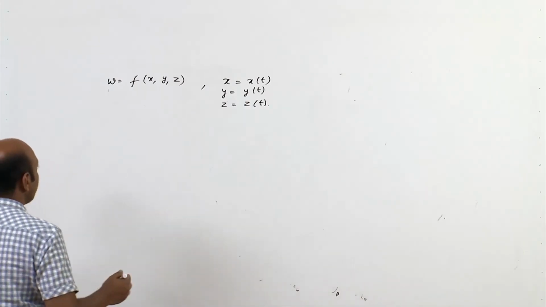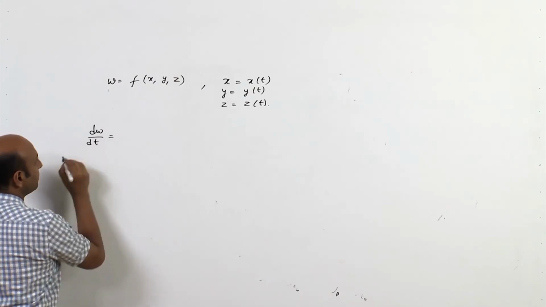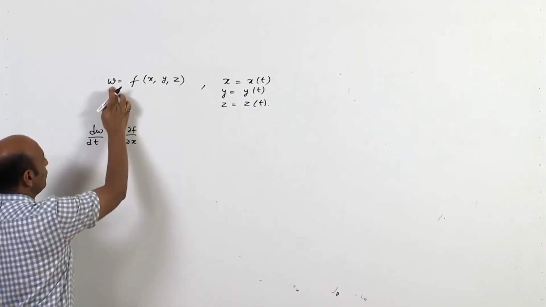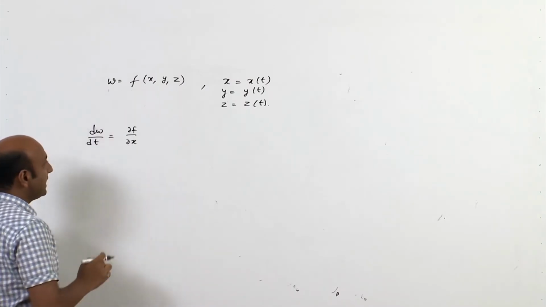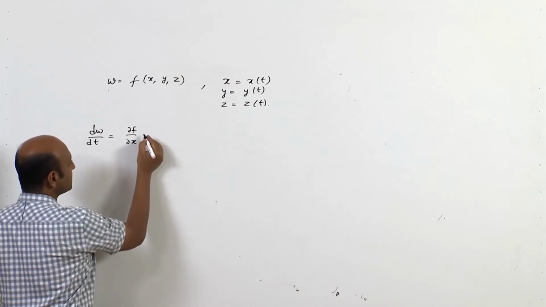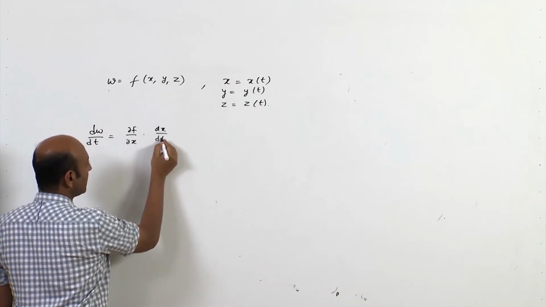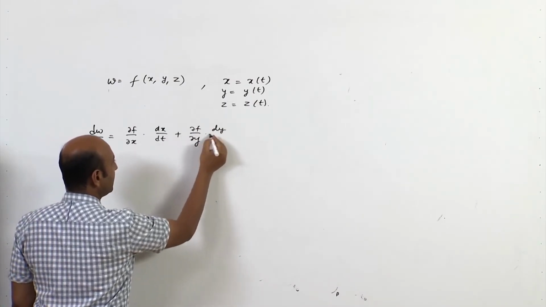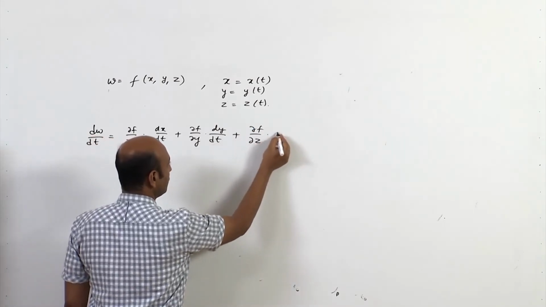Then if you want to find dw by dt, it is nothing but del f by del x into dx by dt plus del f by del y into dy by dt plus del f by del z into dz by dt.